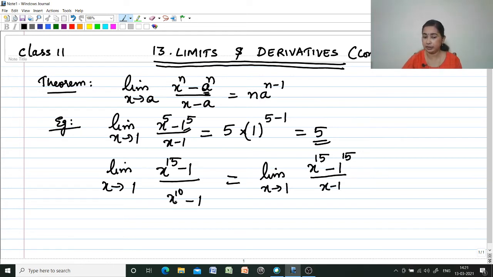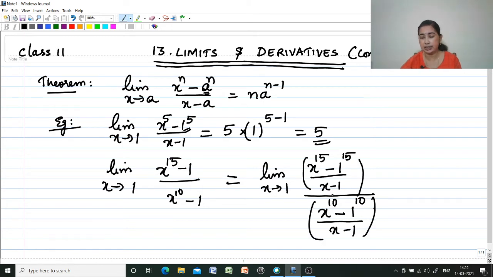But it is not there in the denominator, x raised to 15 minus 1 raised to 15 by x minus 1. Then that is an extra term that we have to cancel, that we can see here in the denominator also: x raised to 10 minus, instead of 1 I am writing 1 raised to 10, then divided by the same x minus 1 I am writing here, so that these two denominators will be cancelled. So for applying limits we are making it in this form.